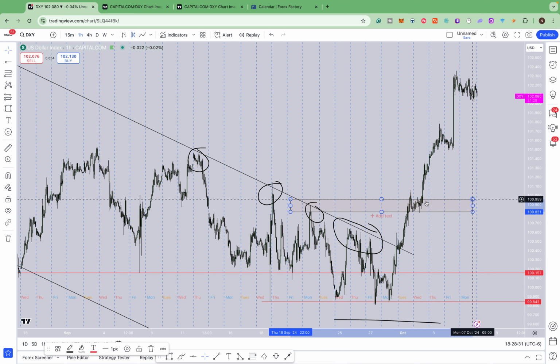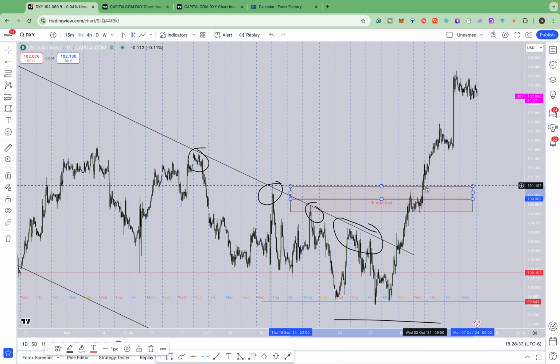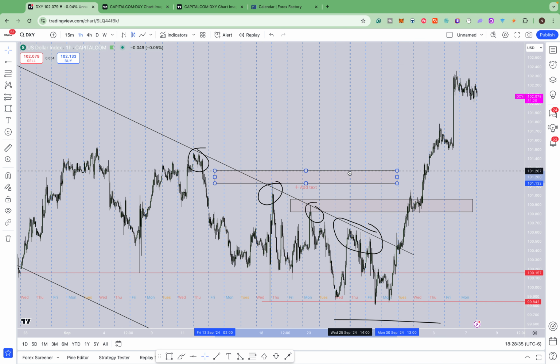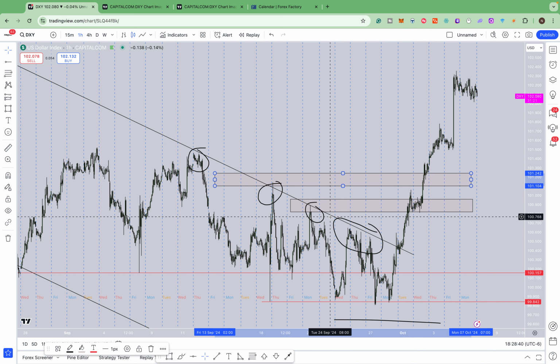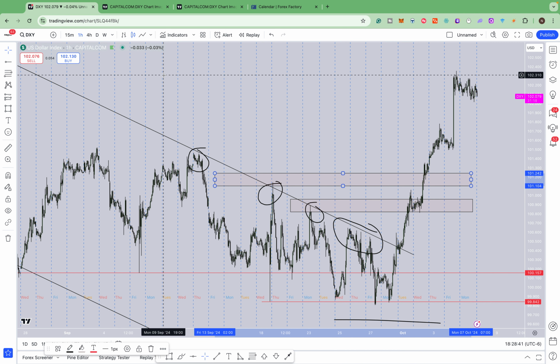So notice how this combines with our bias on the euro-US dollar. If we were to be generating a bias on the euro-US dollar, well, first of all, we saw the trend on the euro-US dollar.